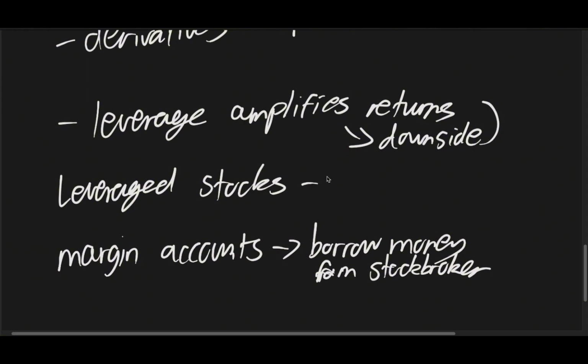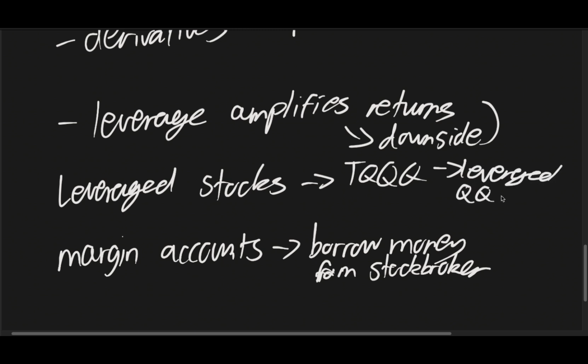While leverage stocks, it uses swaps and derivatives to achieve this sort of leverage. The actual stock is going up twice the amount of the original stock that it's tracking. So examples for leverage stocks, you have TQQQ. TQQQ is basically a leveraged QQQ tracker.